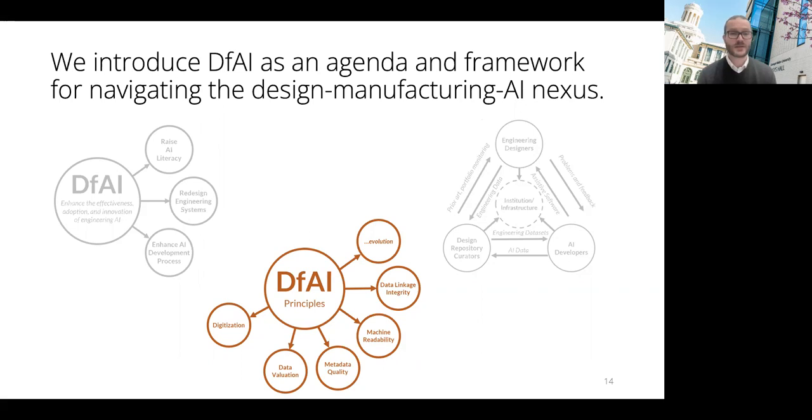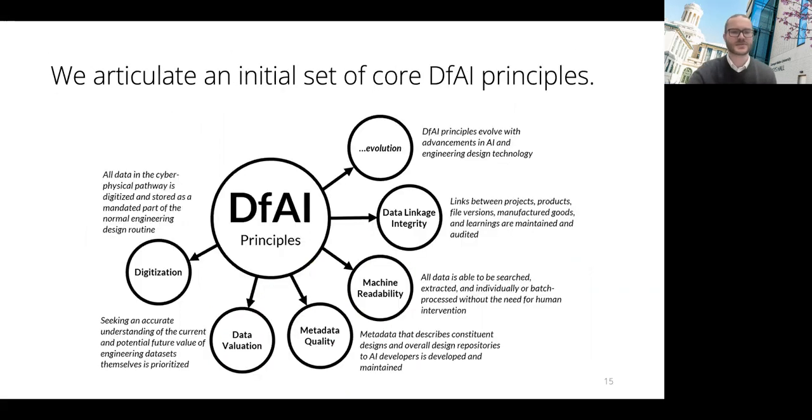And it starts off with data dashboarding and analysis, right? Simple steps, but equally important as the ultimate goal. So we articulate 6 of these initial core DeFi principles, and we'll step through each of these separately. They are digitization, data valuation, metadata quality, machine readability, data linkage, and evolution.